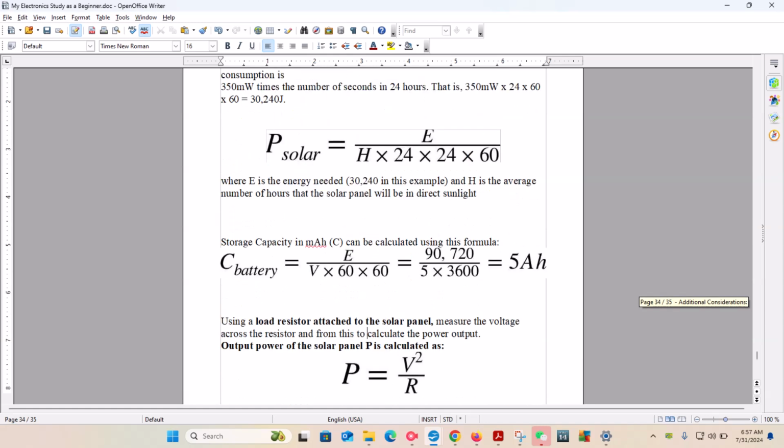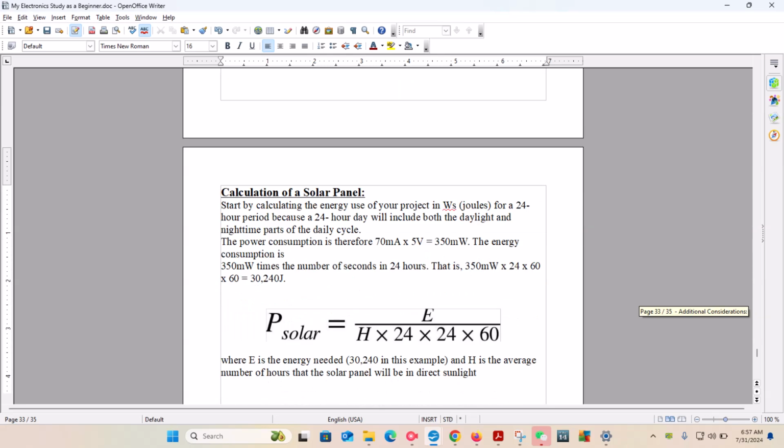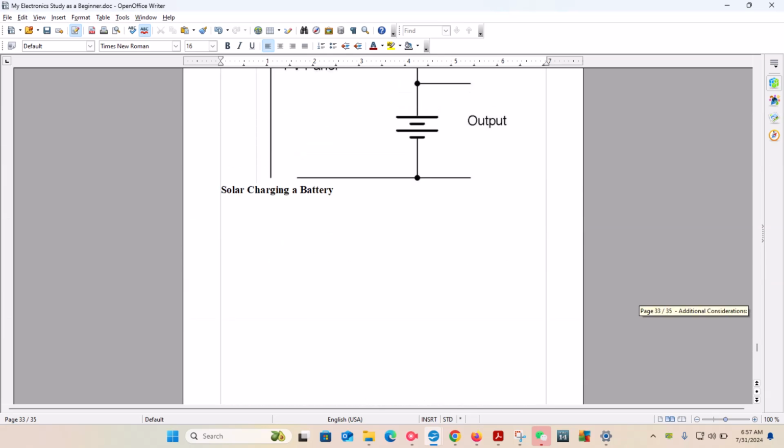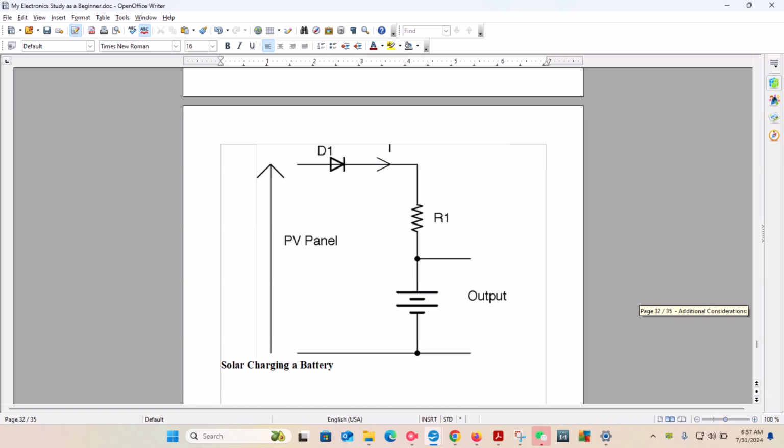Okay, so that's basically what it is. Okay, so that will do it for this time. Don't forget how these symbols work, because this has to do with a diode, this has to do with resistance, this has to do with output, this has to do with the flow going this way in terms of our current, and this is the actual input in terms of power.